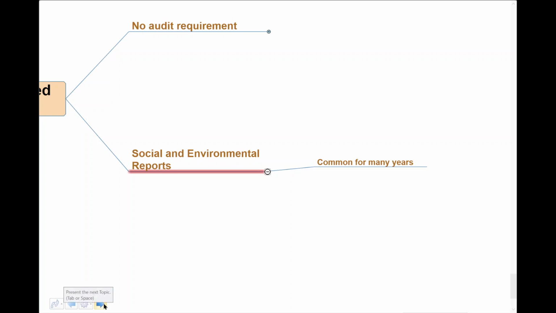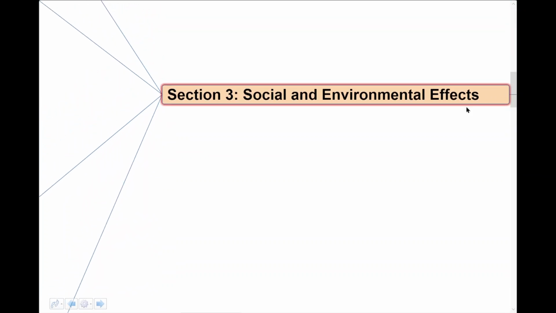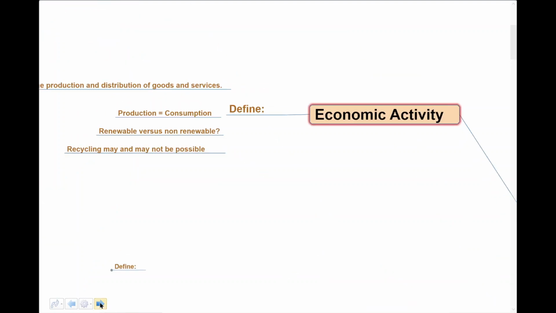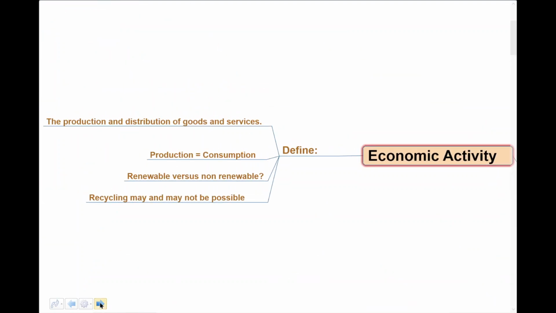So these are not uncommon. They're not quite an integrated report, but something similar. So let's take a look at social and environmental effects, or how a business can affect society and the economy.